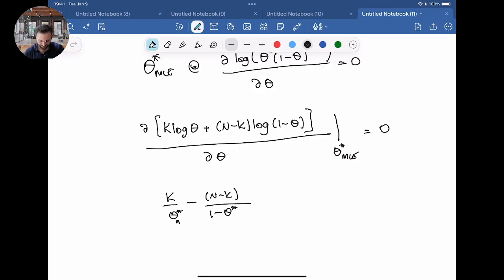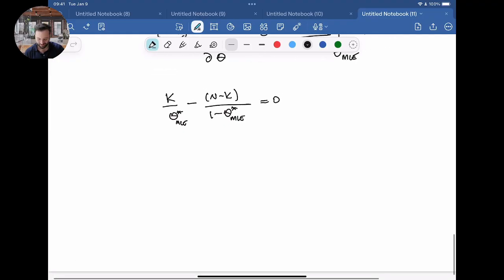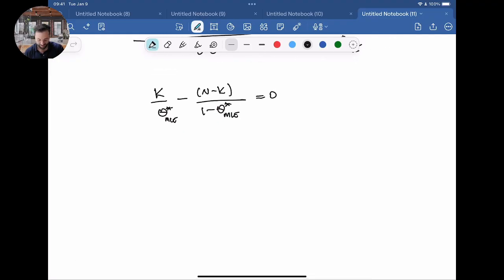So these are my MLEs, equal to 0. Now I'm back from calculus to algebra. I'm going to solve for theta, right? So I distribute the denominator. So k times 1 minus theta star.